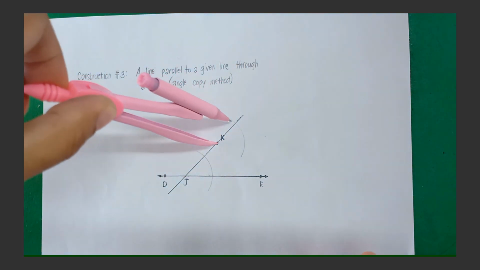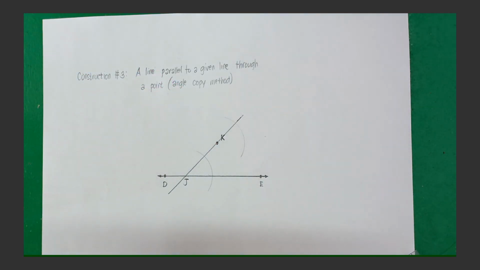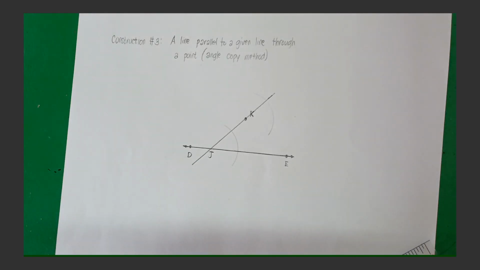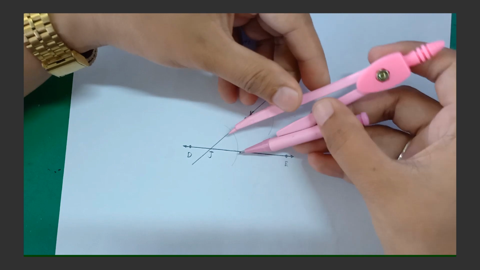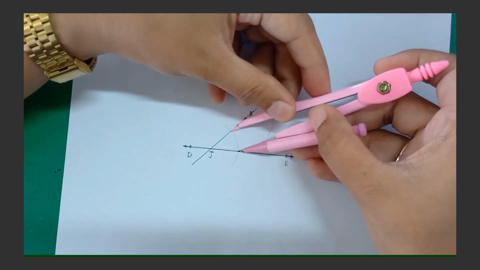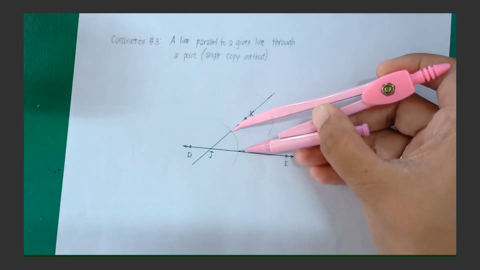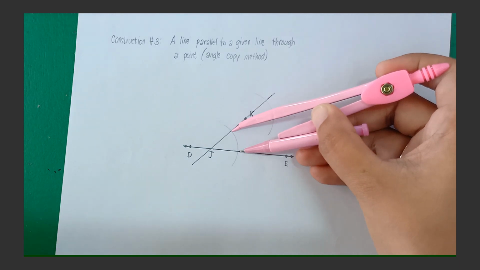Okay, there. Next, step 4, set the opening of the compass to the distance where the lower arc crosses the two lines. So we set the opening to the same distance between these two. Like that. You can see that is the opening.